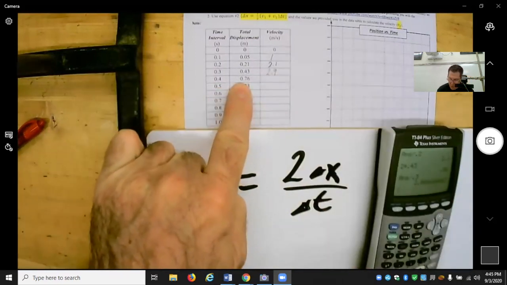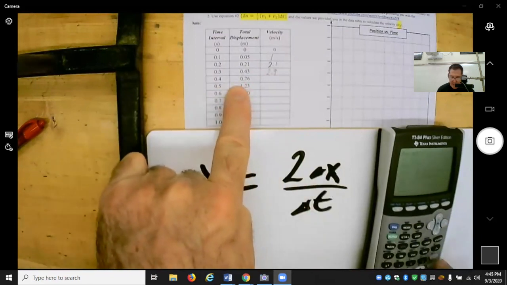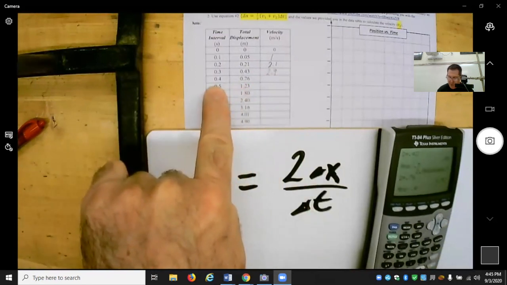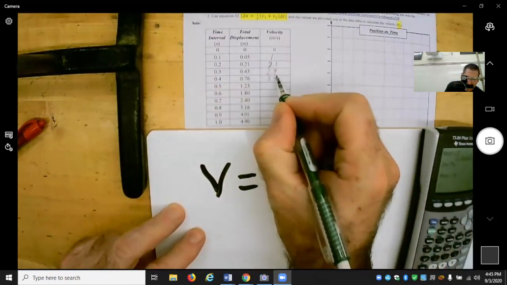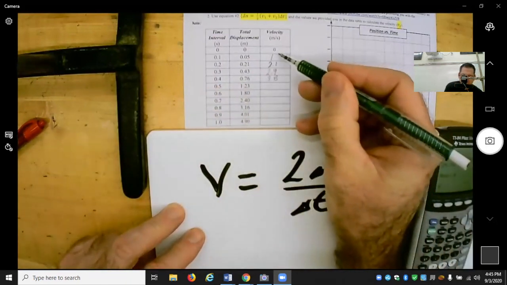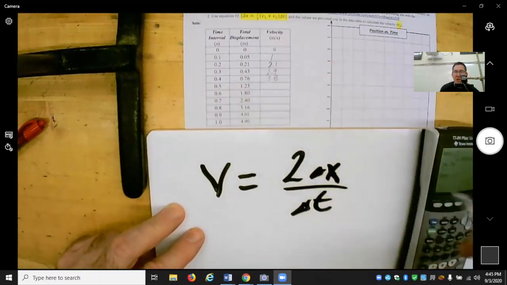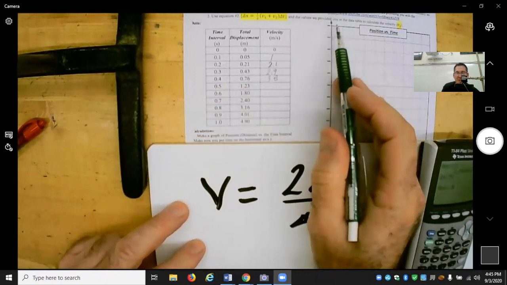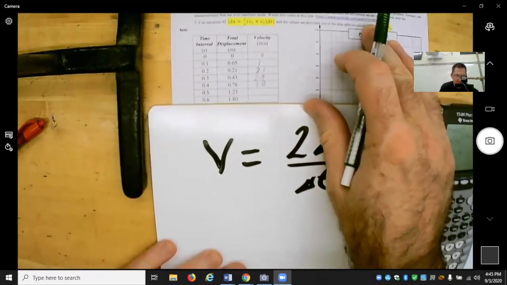I've got 2 times 0.76, 2 times the distance, divided by the time of 0.4, 3.8 meters per second. Notice our velocity is not staying constant. It is changing. It's getting faster and faster, hence the name acceleration.